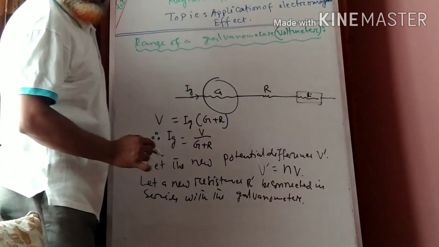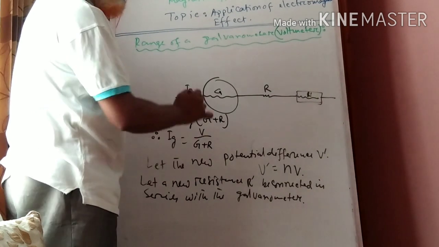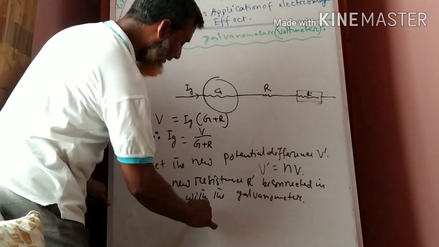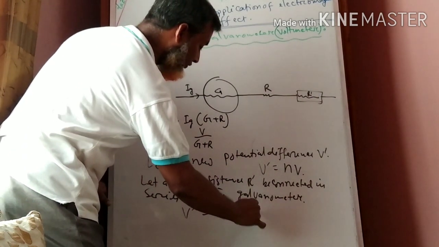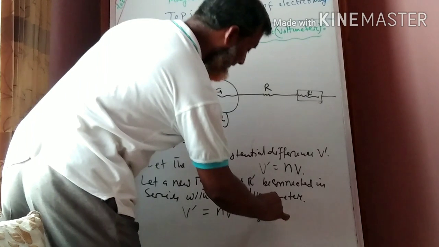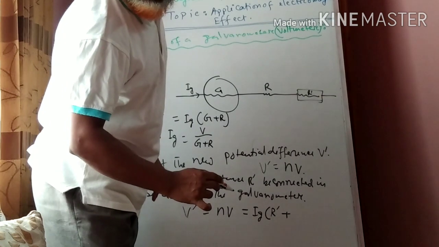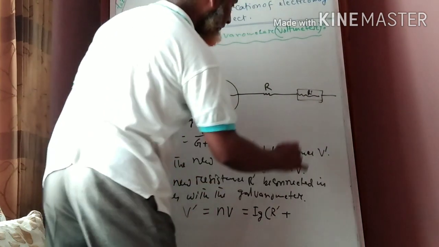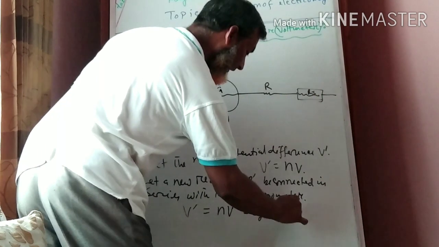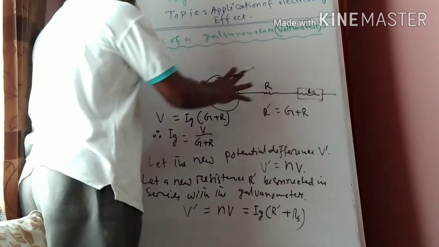So in that case, what will be the potential difference? The same current is passing through all of this. So V prime equals nV equals Ig into (R prime plus Rs). This total includes the series resistance Rs. Here R prime means G plus R, including these two.